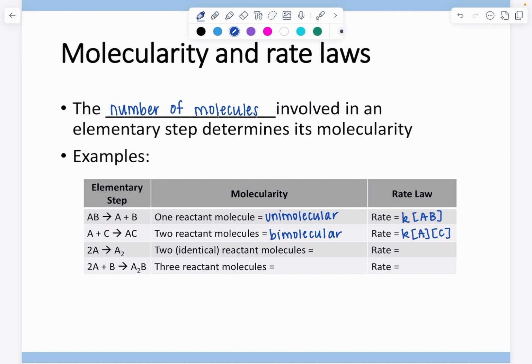Third row, we have again two reactant molecules, but they are identical. This is again bimolecular. And so the rate would be K times the concentration of A times the concentration of A. Or in other words, we can just write A squared.